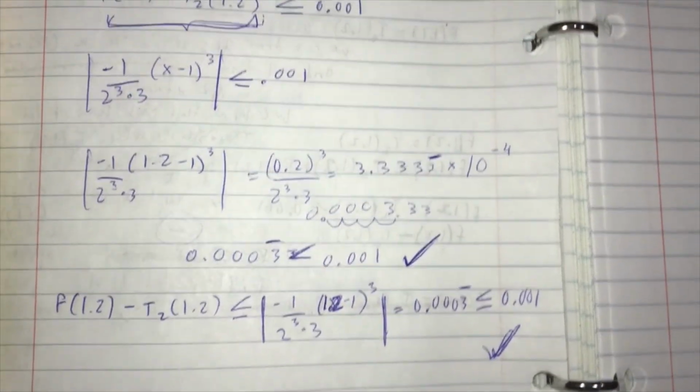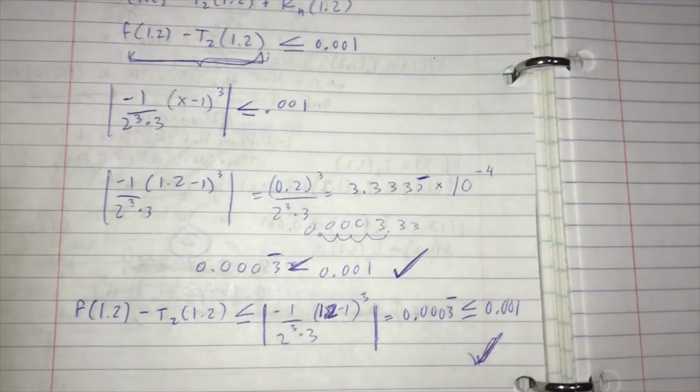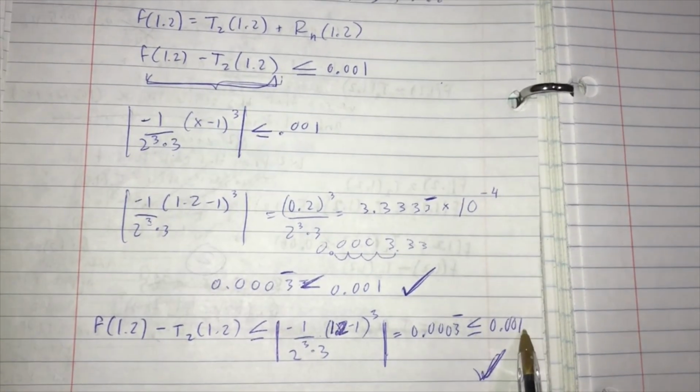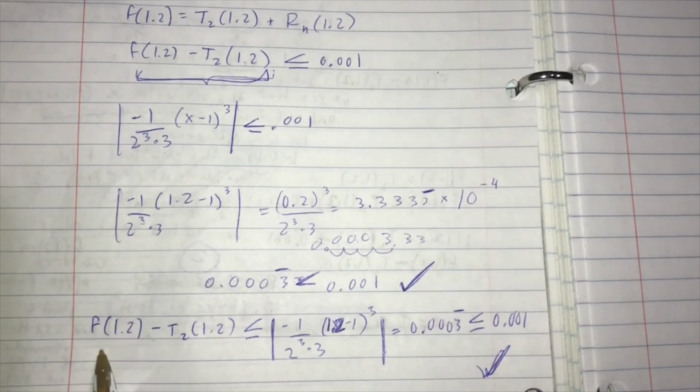So that's how we show that the approximation is within 1,000th of the exact value of f of 1.2.